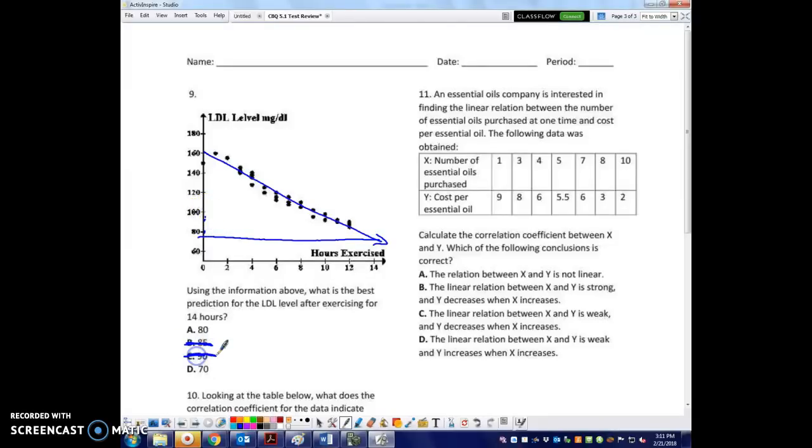No. 70? Possibly. Which one do you think it's closest to? Is it 80 at 14, or is it 70 at 14? That rate of change continues. Looks like it's 70. Okay.